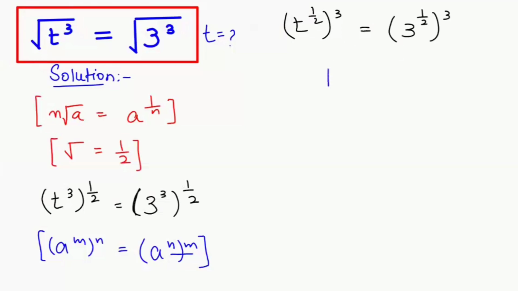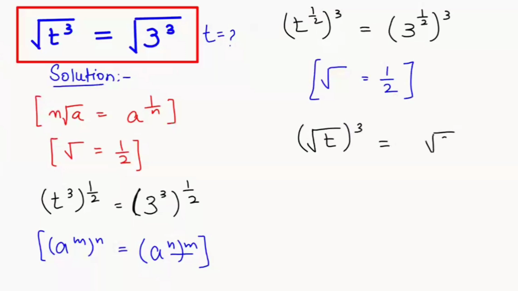Now, as we know, root is equal to the power of 1 over 2, so I write (root of t) to the power of 3 equals (root of 3) to the power of 3.